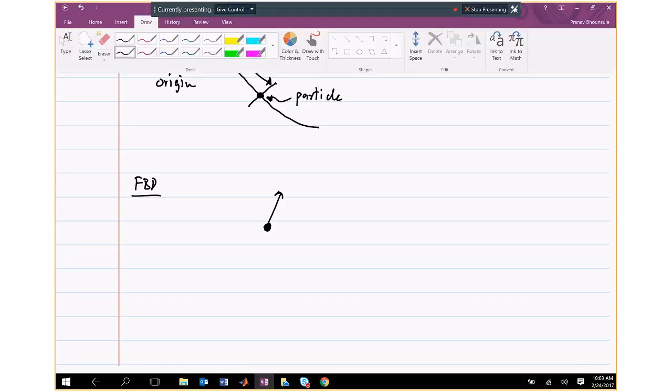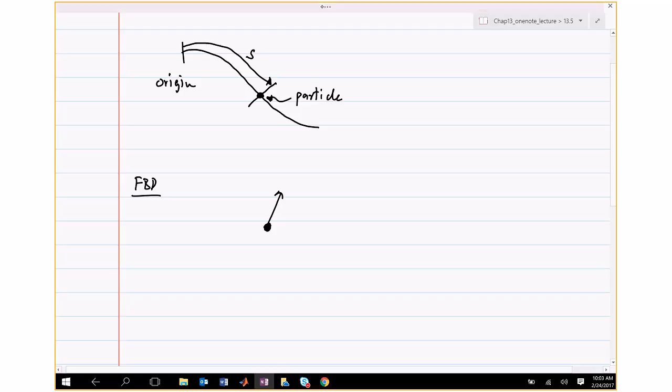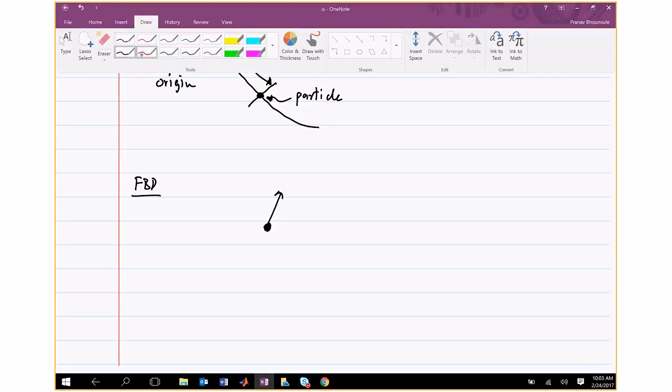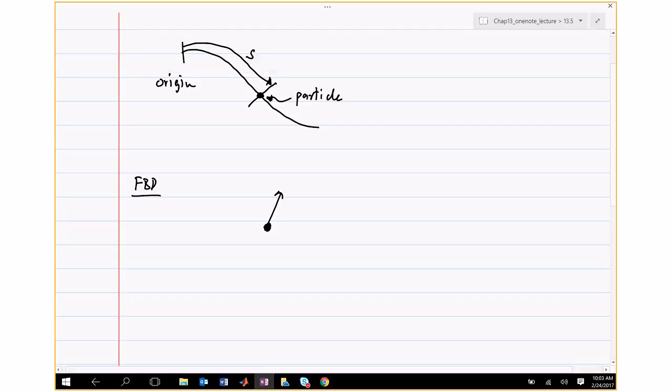Let me draw the coordinates first. So since this particle is curving, the center of the curvature of the curve is somewhere over here. What I need to do is specify un in the direction in which the center would be, and the tangential direction is always in the direction which the particle is going to move to.